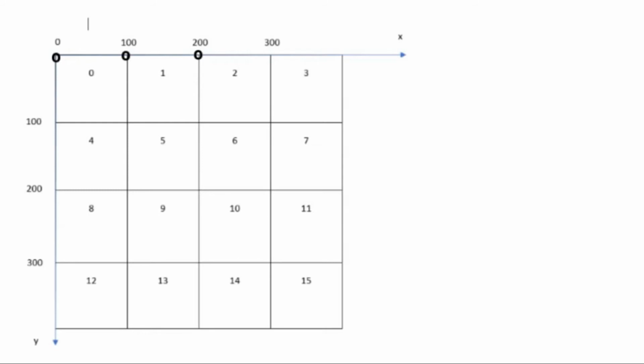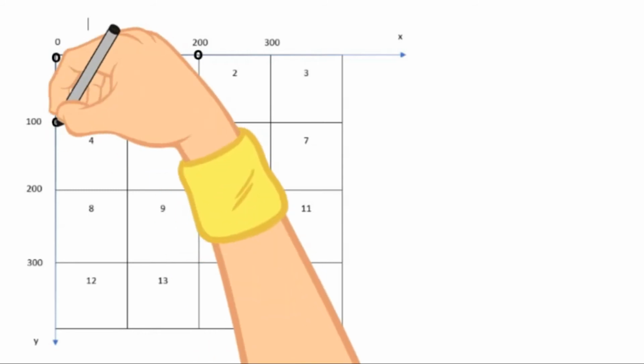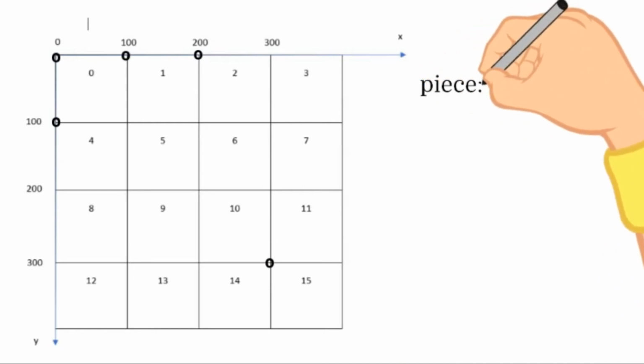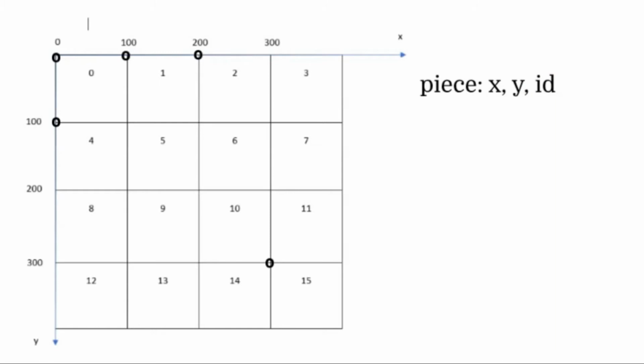And piece 4 is marked at position 0, 100, meaning X equals 0 and Y equals 100. The last piece, index 15, is the empty piece or empty space at position 300, 300. So we see that a piece will have three parameters: X coordinate, Y coordinate, and its ID.